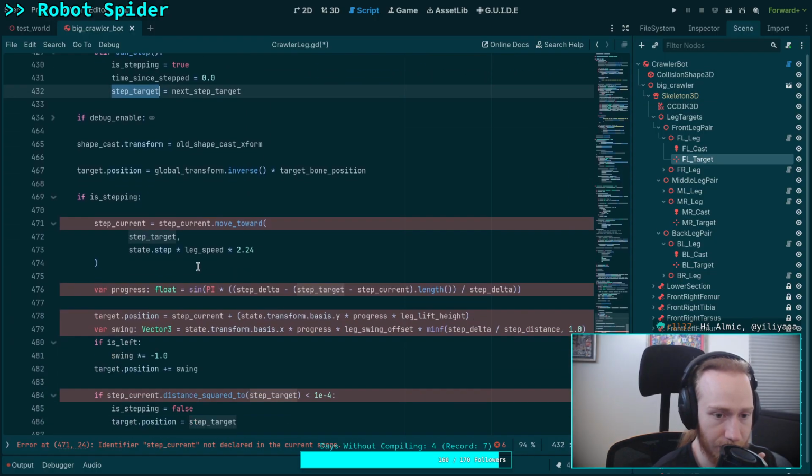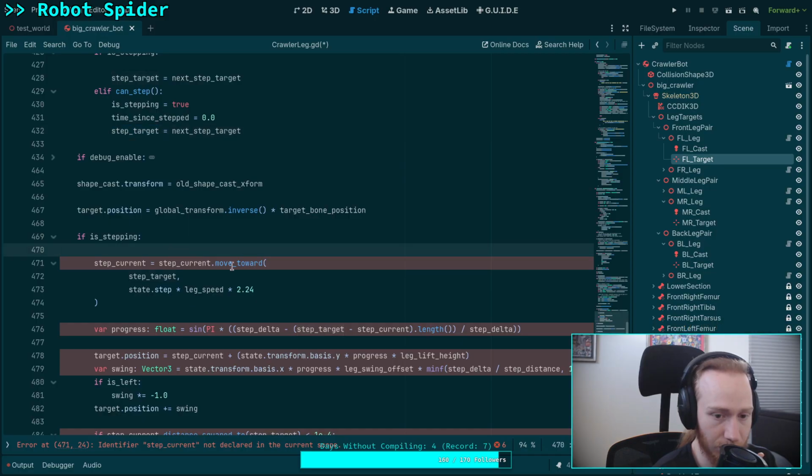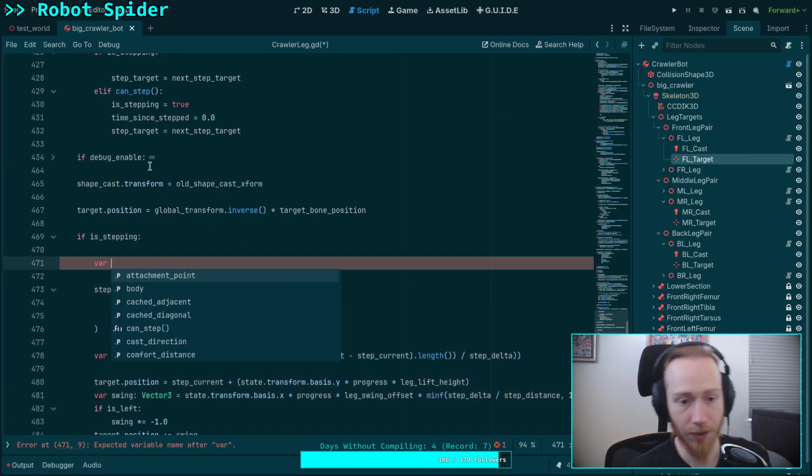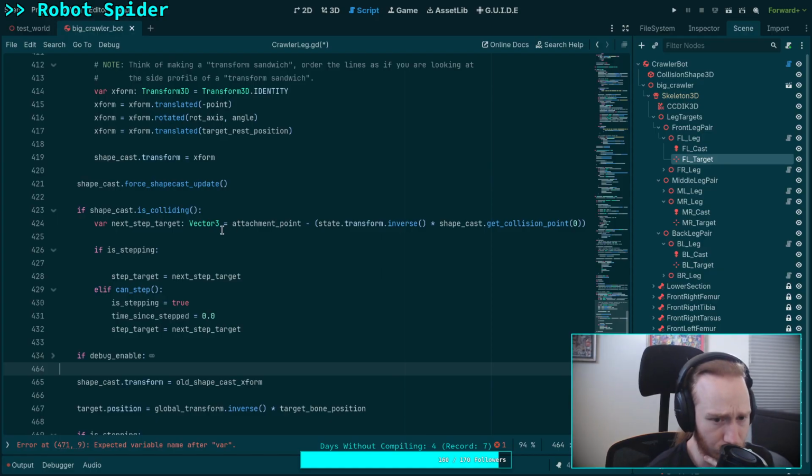Step target. So if we are stepping, here's what I do. I have my target position. I'm treating it like it's a... I have to do two things.